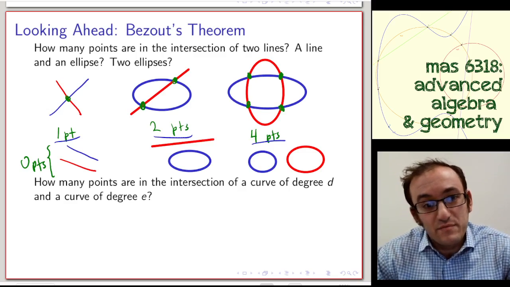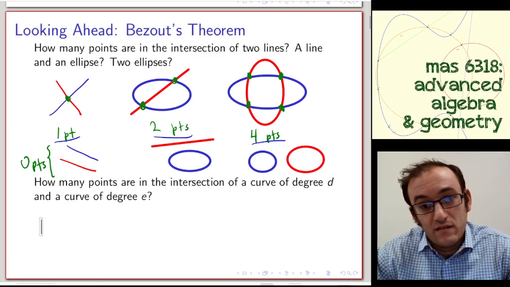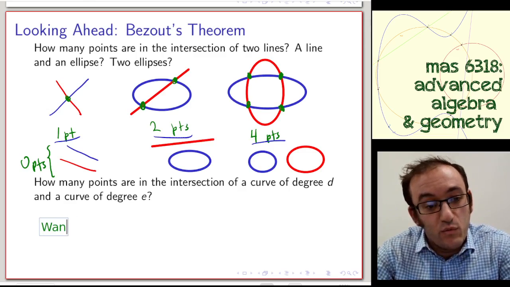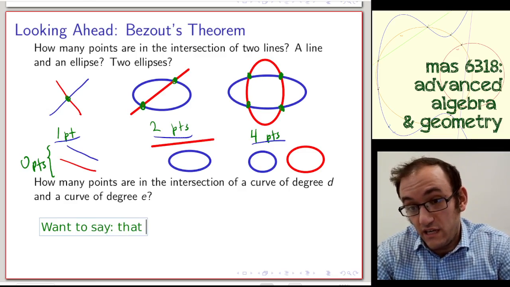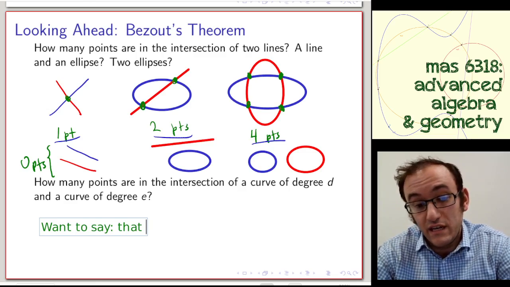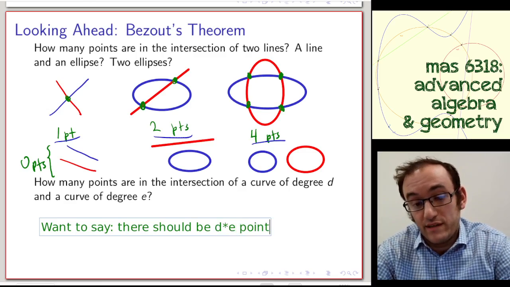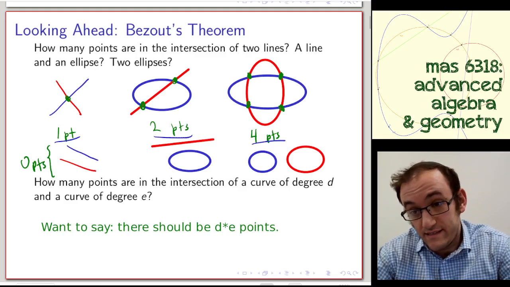But at least in this optimal case, we would want to say that if a curve of degree d meets a curve of degree e, there should be d times e points. Because that's what we saw in these examples, at least in the optimal case.